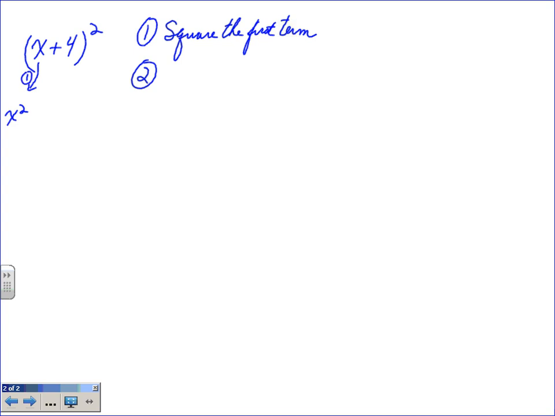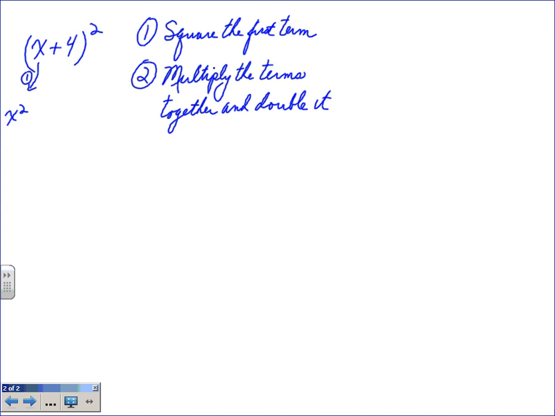Step number 2. Multiply the terms together and double it. So I'm going to multiply x times 4 to get 4x and then double it.